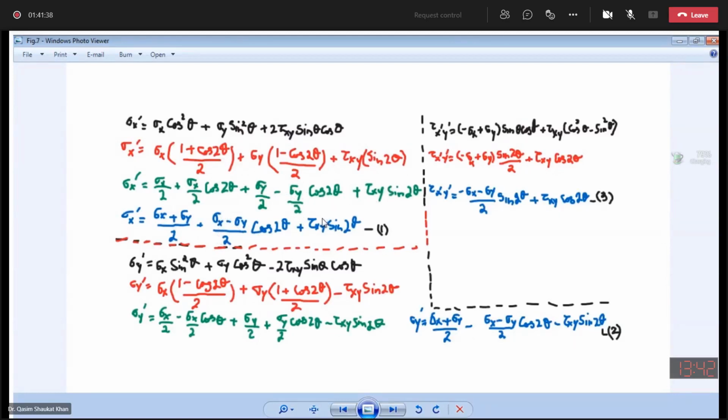So this will give me my final expression for the computation of transformed normal stresses. Sigma x dash is equal to sigma x plus sigma y over 2 plus sigma x minus sigma y over 2 cos 2 theta plus tau xy sin 2 theta. Is everyone okay with this expression?